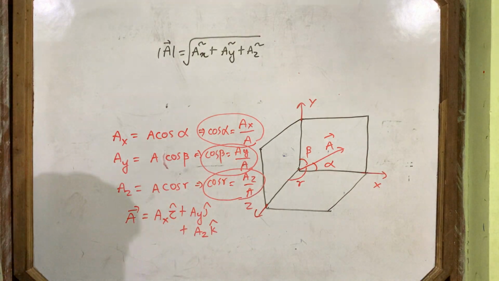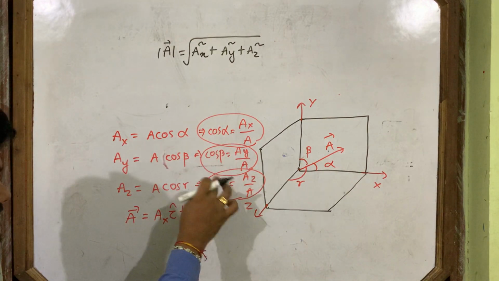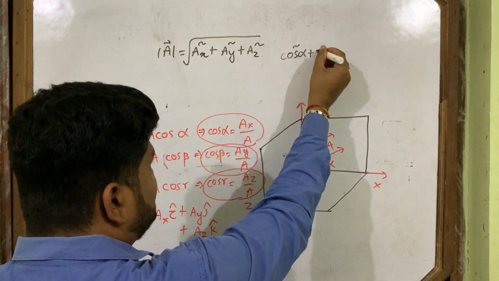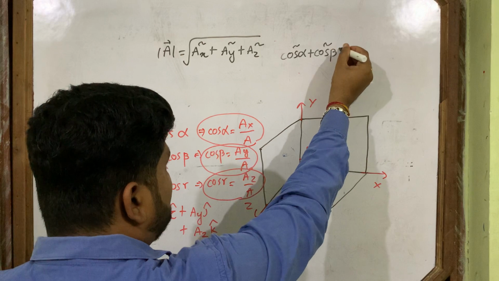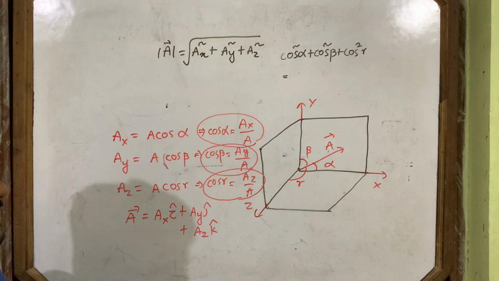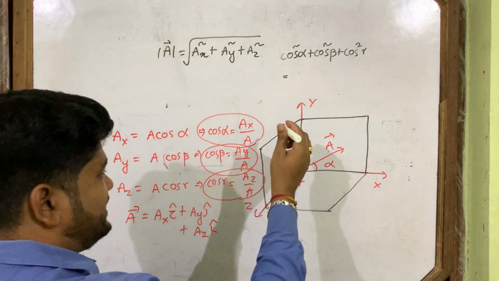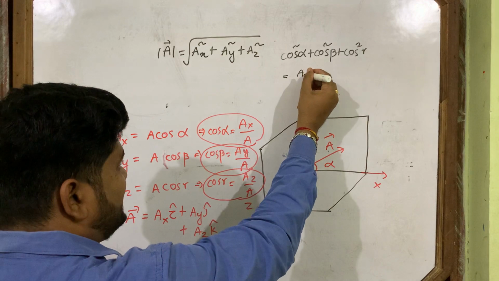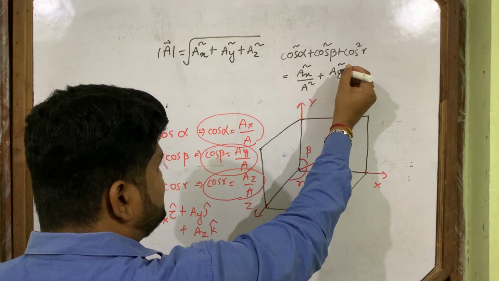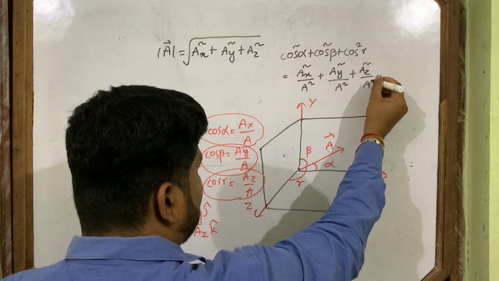Okay, let's do one thing. You got cos alpha, cos beta, and cos gamma. Let's find cos square alpha, cos square beta and cos square gamma. Now you see the magic of what we are getting here. So this is Ax square by A square, Ay square by A square, Az square by A square.